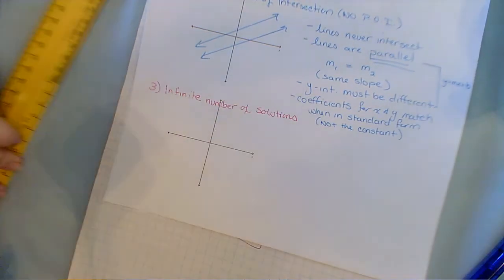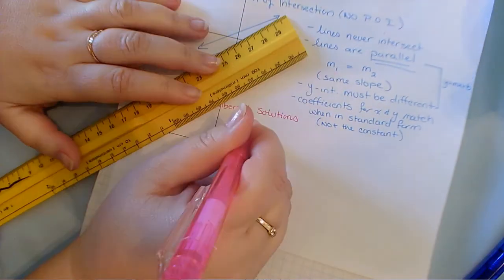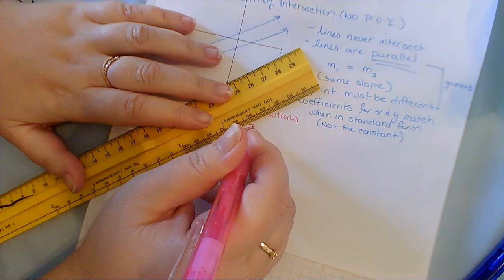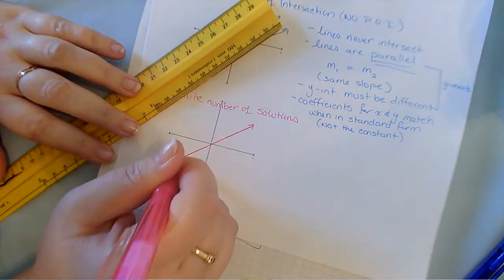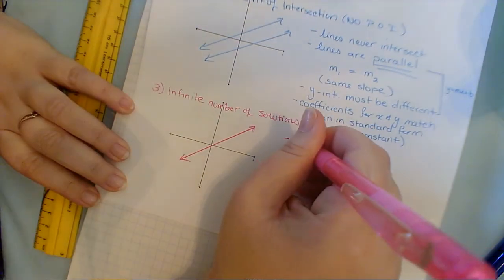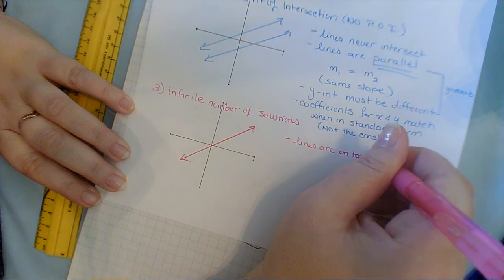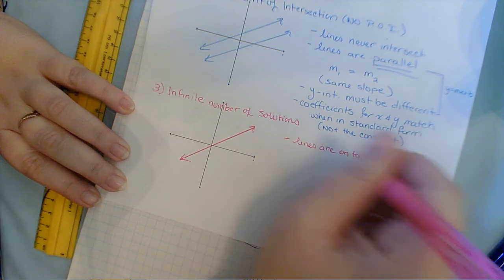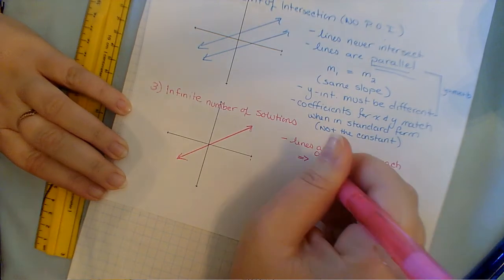The only way that can happen is if one line and the second line are always touching, which means they are on top of each other. So lines are on top of each other. This is called coincident.